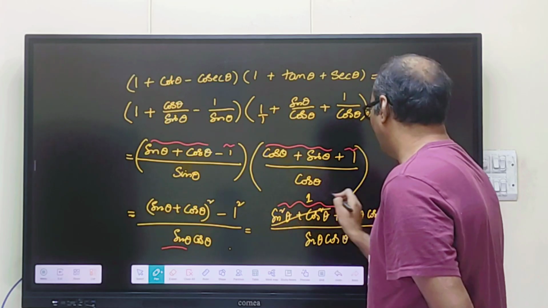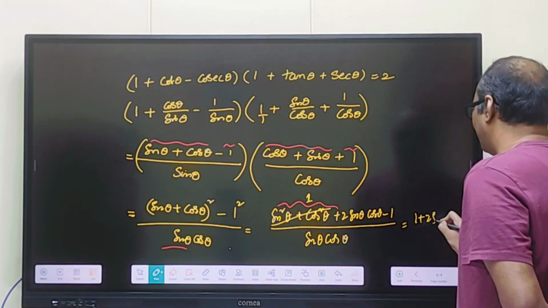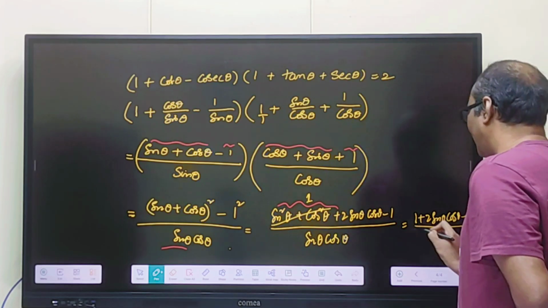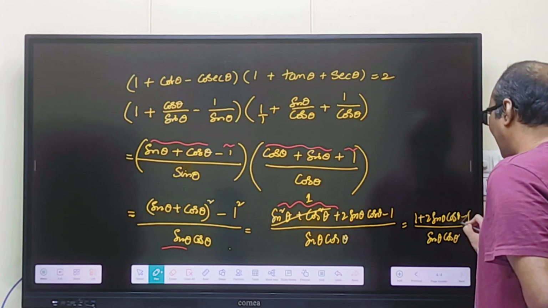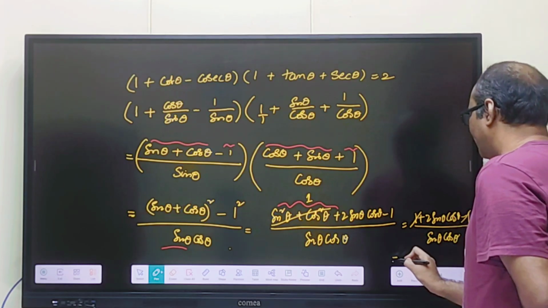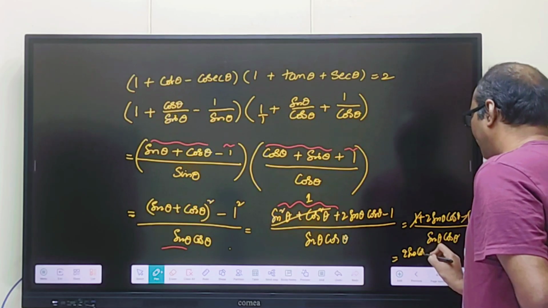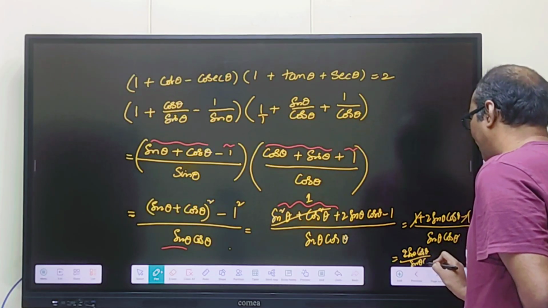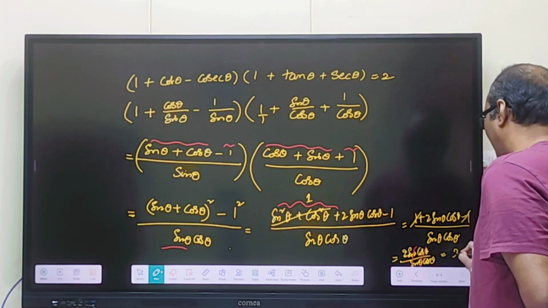So you get 1 plus 2 sin theta cos theta minus 1 divided by sin theta cos theta. Now 1 and 1 will cancel. Left out is 2 sin theta cos theta divided by sin theta cos theta. Sin theta cos theta will cancel. Left out is 2.